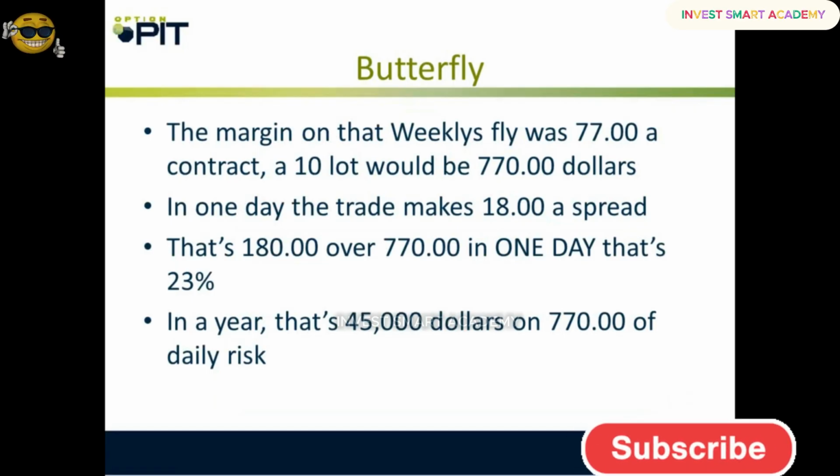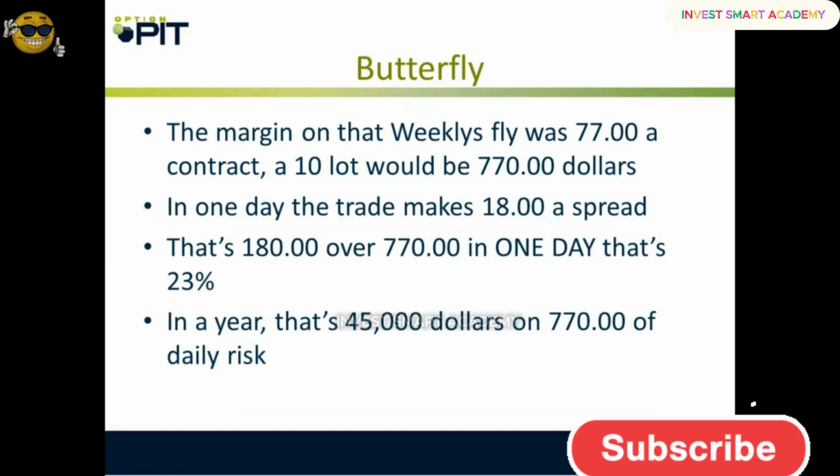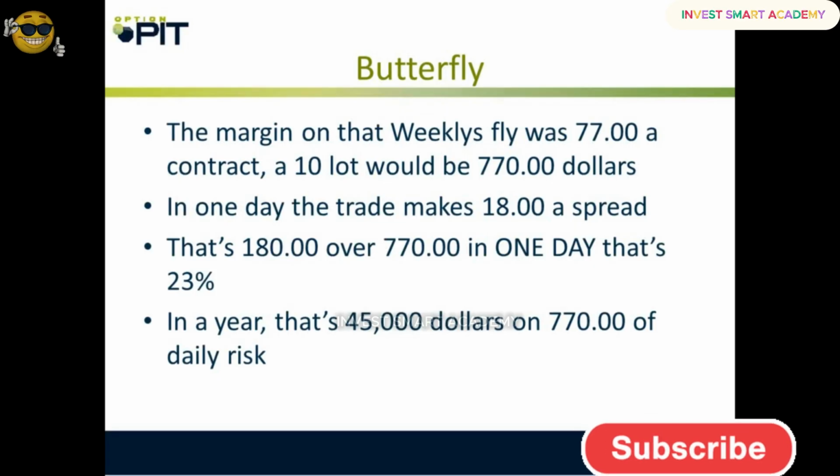So the margin on a weekly fly was 77 bucks a contract, so a 10 lot would be 770 bucks. In one day, the trade makes 18 bucks. That's $180 on a 10 lot. 23% in a day. If you did that every day, you'd make 45 grand on $770 of risk.